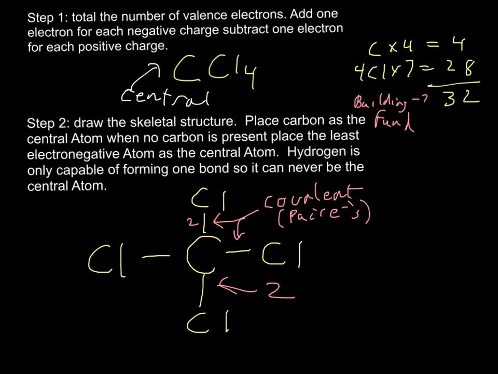I used 2, 4, 6, 8 electrons to build that skeletal structure right there. So I have to come over here to my building fund and subtract 8 electrons. So I've used 8 electrons to build my skeletal structure. That means I have 24 electrons left to complete my Lewis structure.